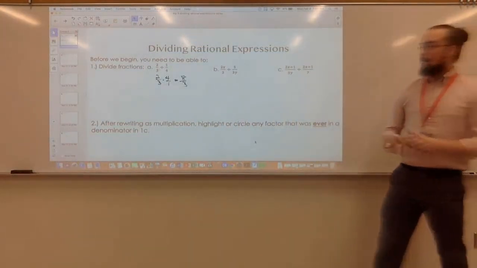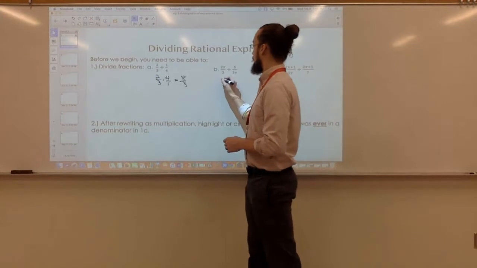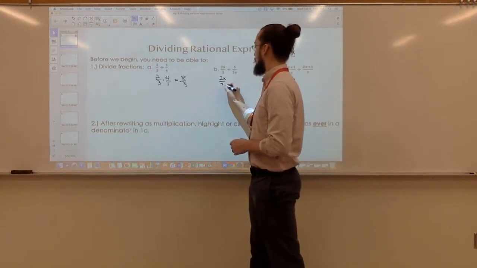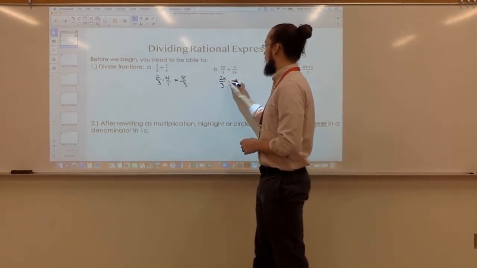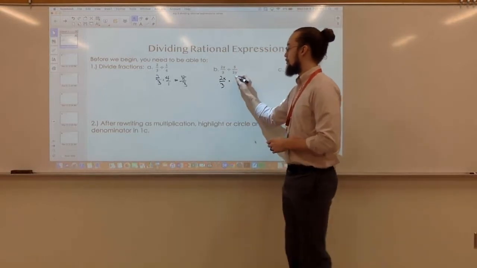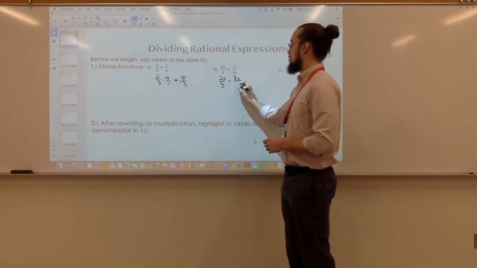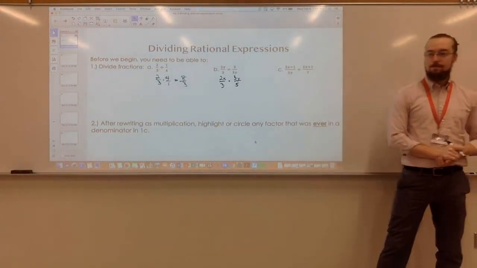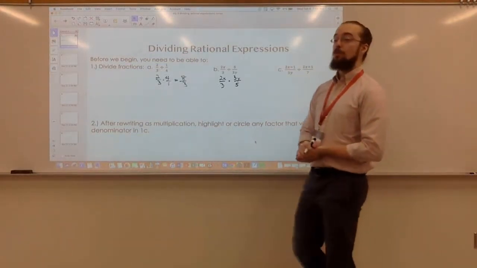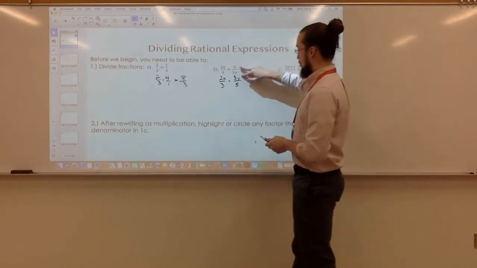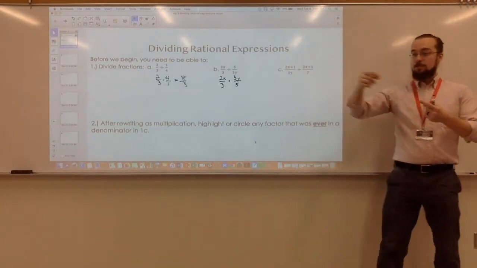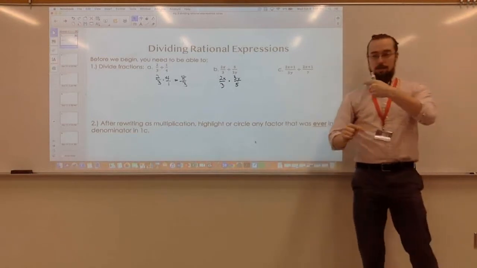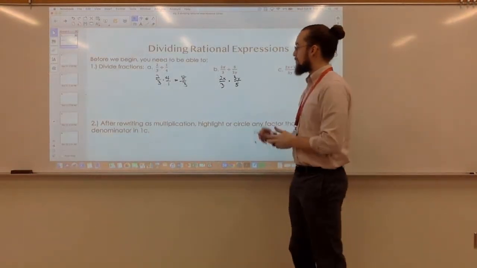I want to bring my first fraction down. So 2x over 3. And I'm going to multiply by the reciprocal. So 3y over 5. What's a reciprocal? Reciprocal just means flip the fraction. So numerator becomes denominator, denominator becomes numerator.